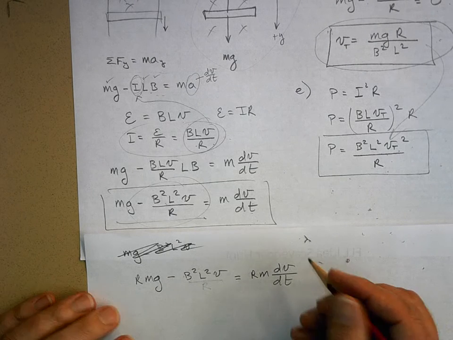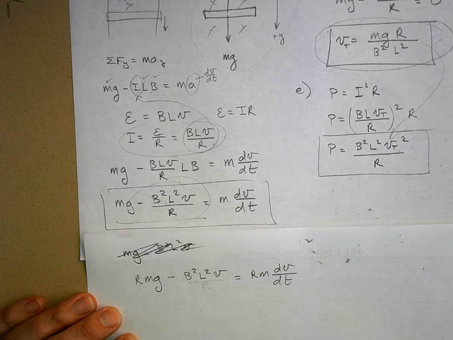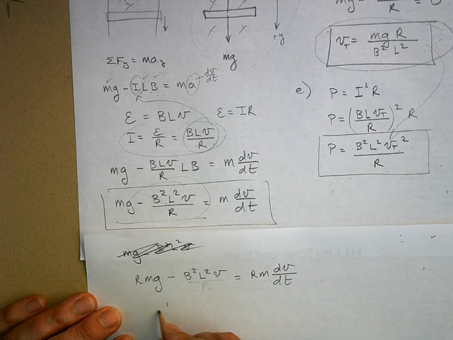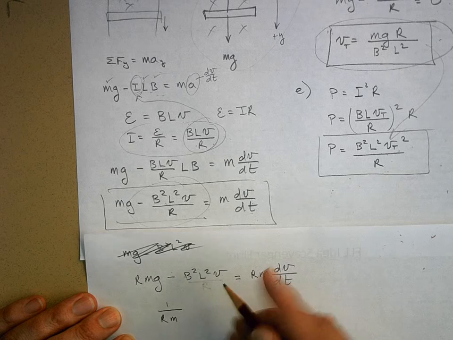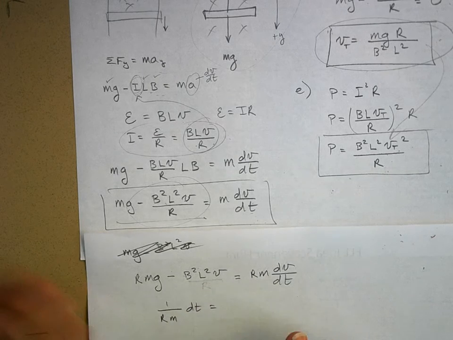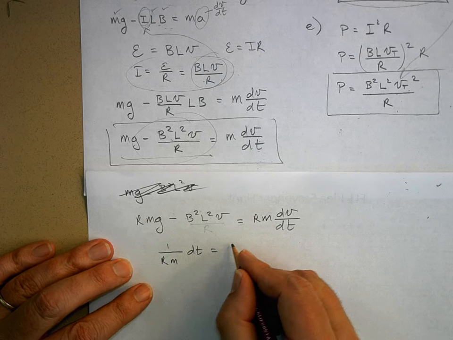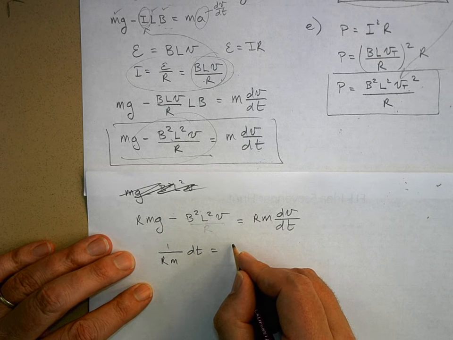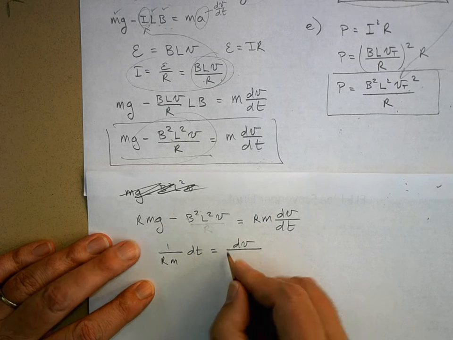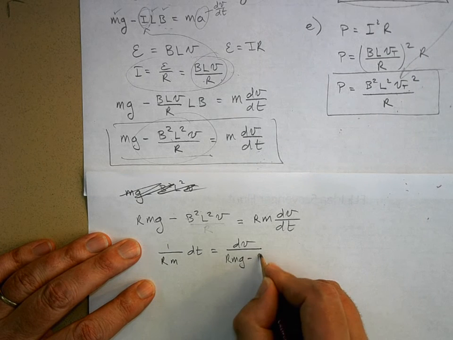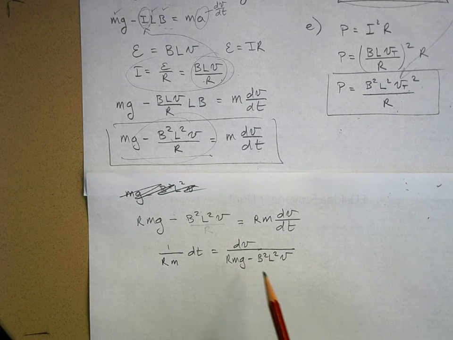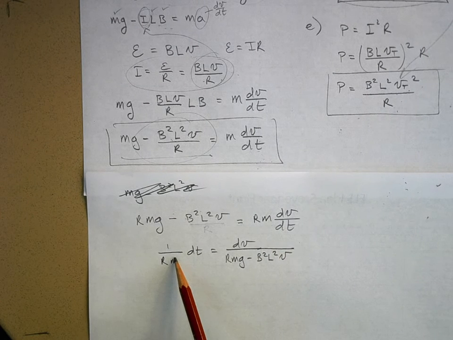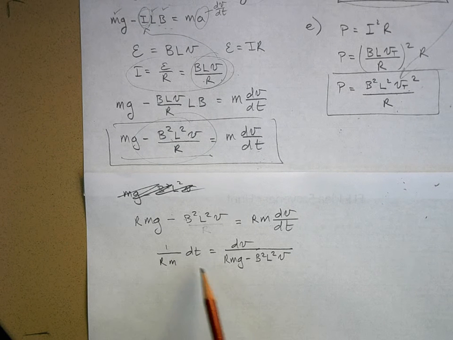So now what I'm going to do is put 1 over rm times dt equals dv over rmg minus b squared L squared v. And I think I've separated, did I do that correctly? I divide by rm. Yeah, I think this is good.